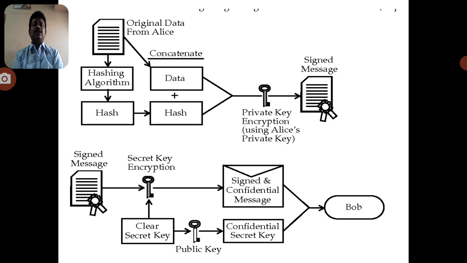With the help of the private key, it can generate information, which is called the signed message. Once the signed message is received by the receiver, he tries to identify that message using the secret key. In the public key infrastructure, the main role is played by the hash algorithm.